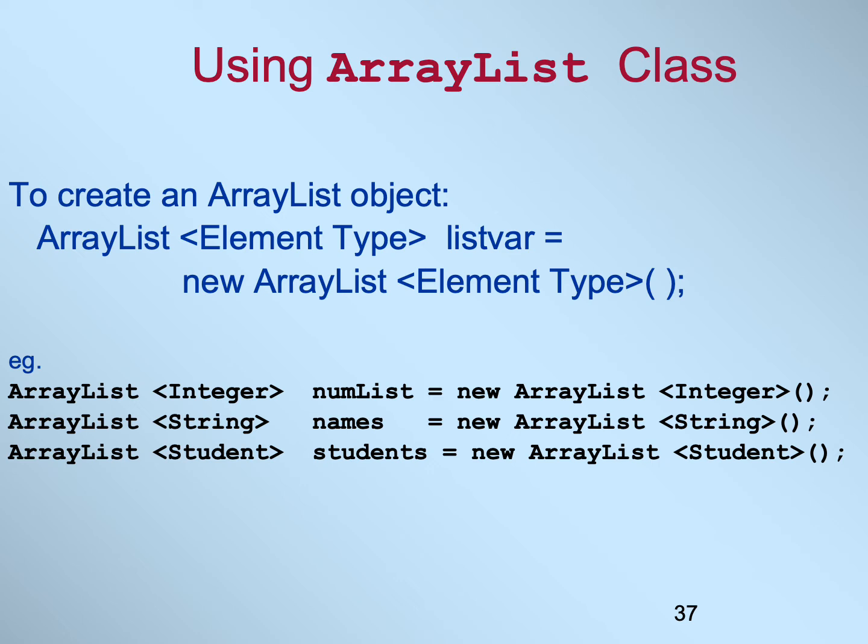If we want to create an ArrayList of strings, then the element type would be String. The element type can also be any class that you want to create objects of. For example, ArrayList<Student> students = new ArrayList<Student>(). So that refers to the class name Student.